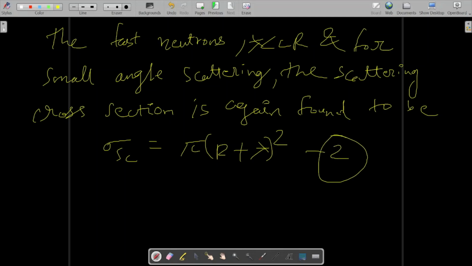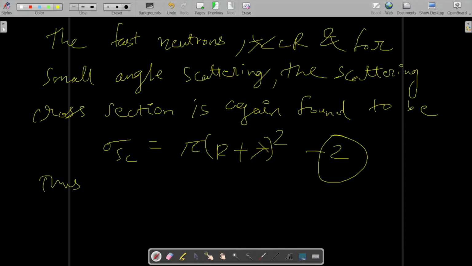This is your equation number 2. Now how this has come, you know very well that pi r² will be the cross section of the nucleus. So lambda cut will be added to it because neutron scattering is happening.